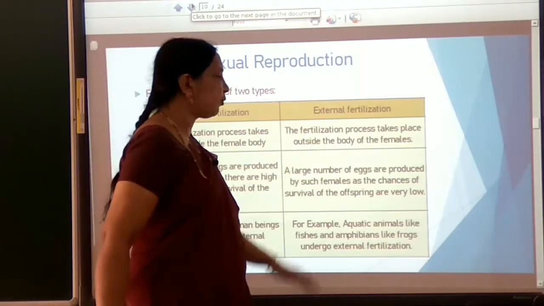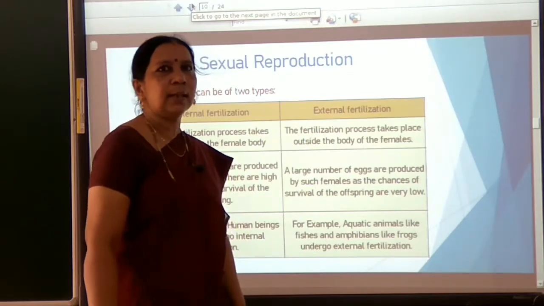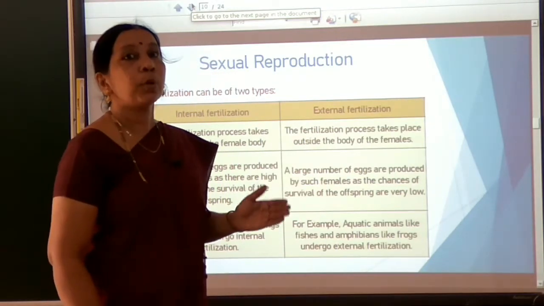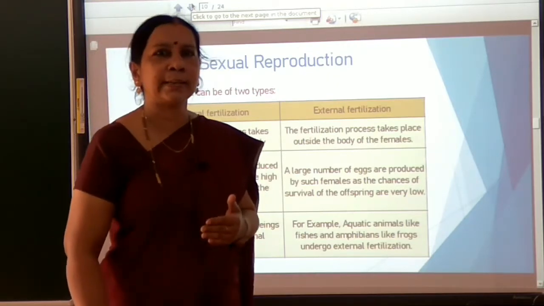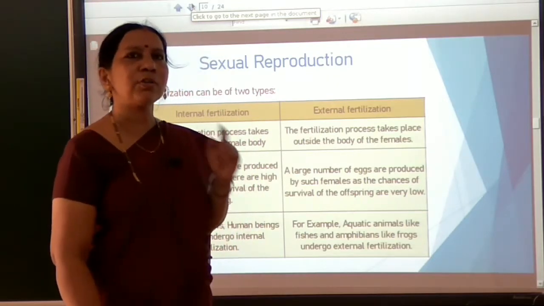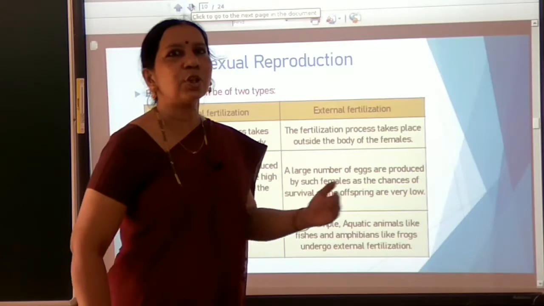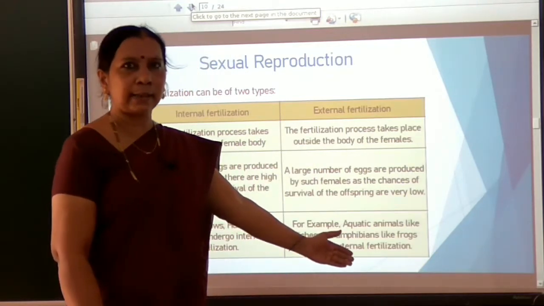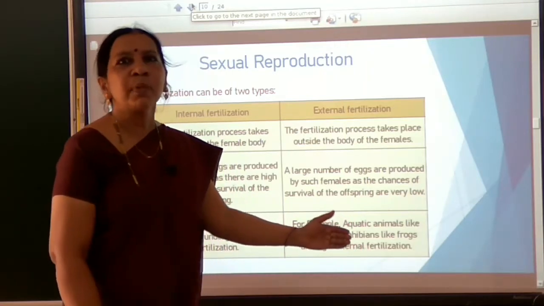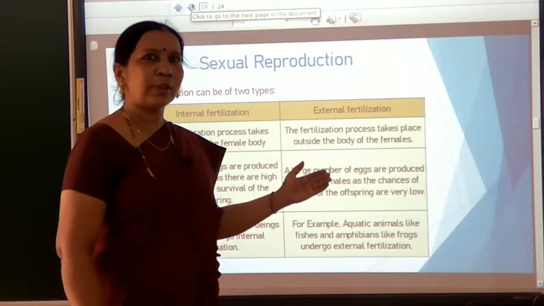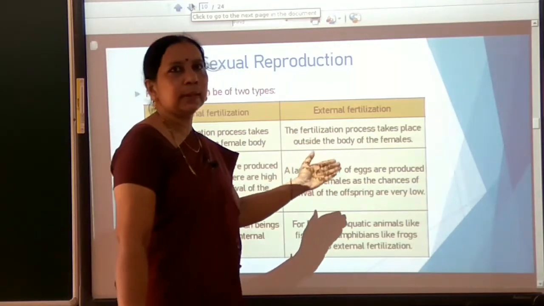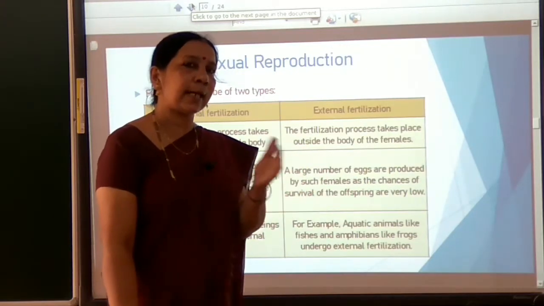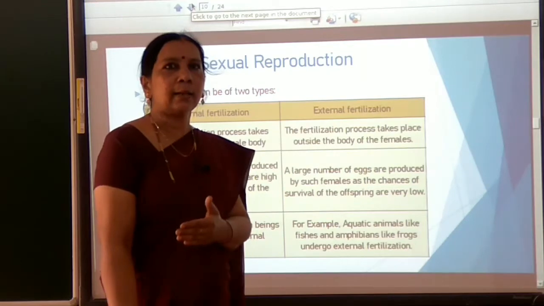In external fertilization, the animals produce a large number of eggs, and there are more chances of destruction of eggs for many reasons. Let us discuss that later. Because of destruction of eggs, even though a large number of eggs are produced, these eggs are exposed to water and rainfall.